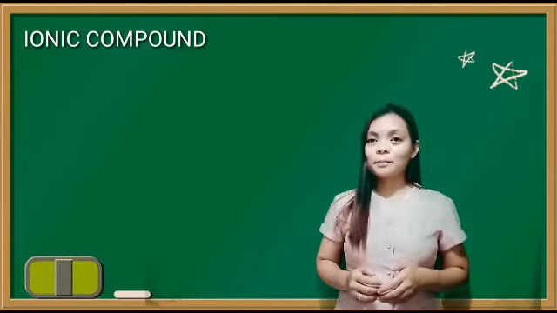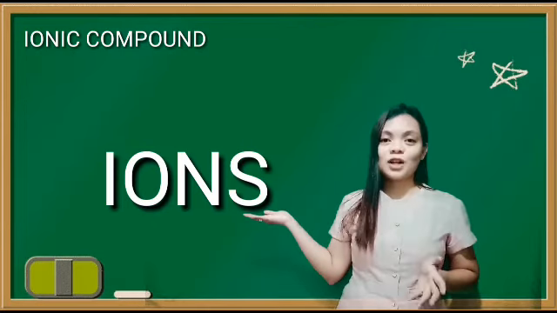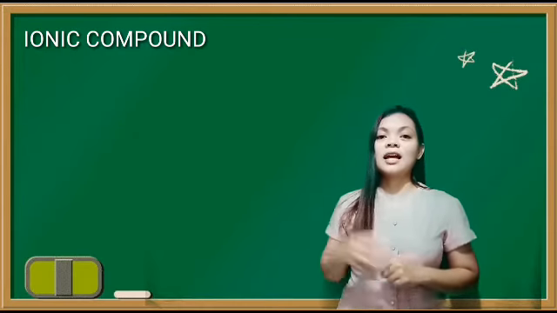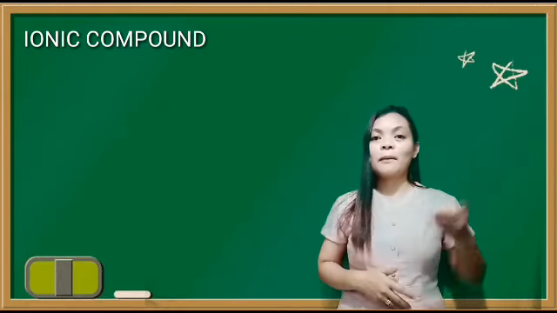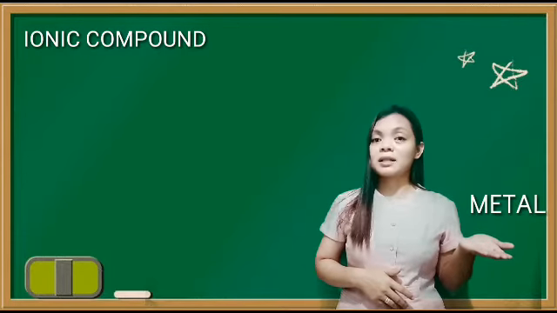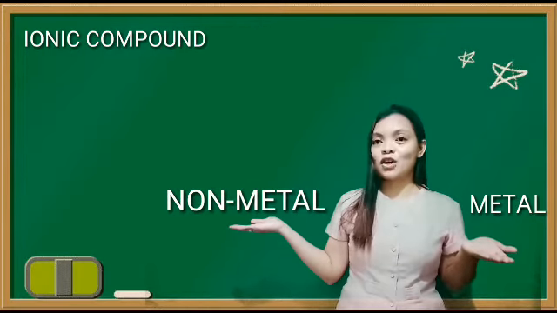Ionic compounds are compounds that are made up of ions, or simply charged atoms that either lose or gain electrons. Ionic compounds are made up of a metal that loses its electron and therefore becomes positive, and a non-metal which gains an electron and therefore becomes negative.